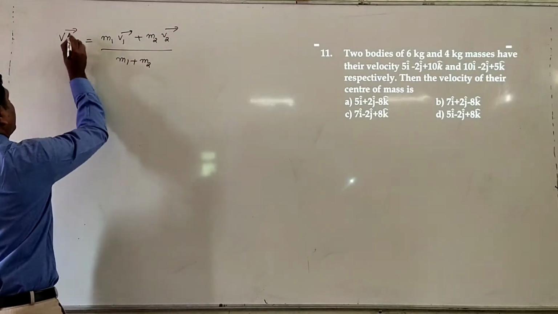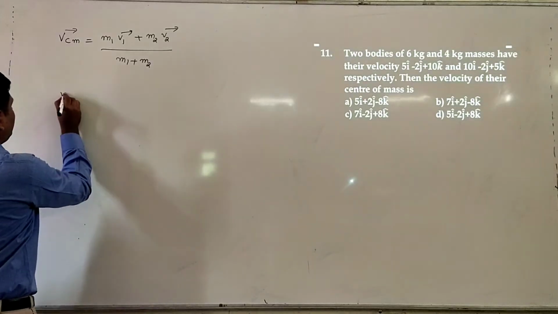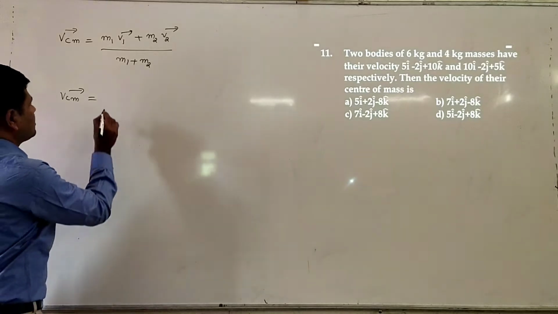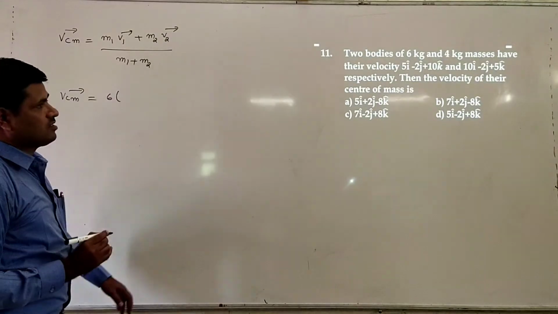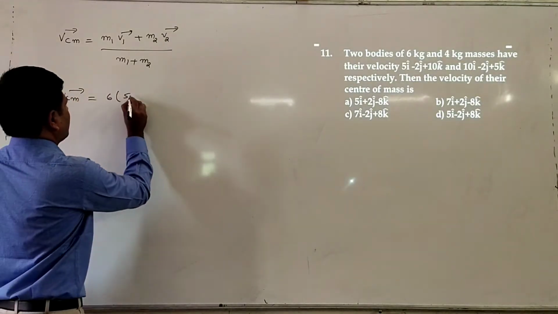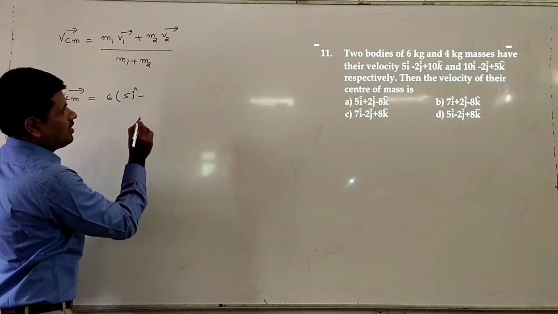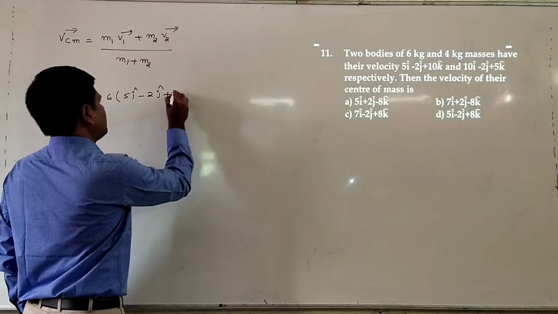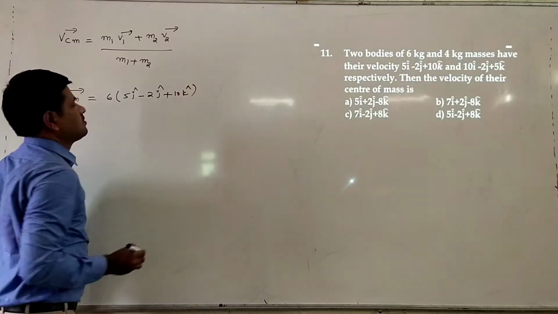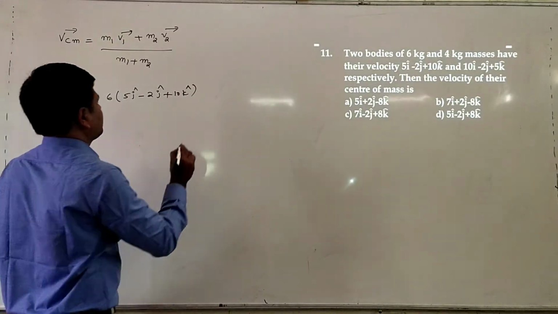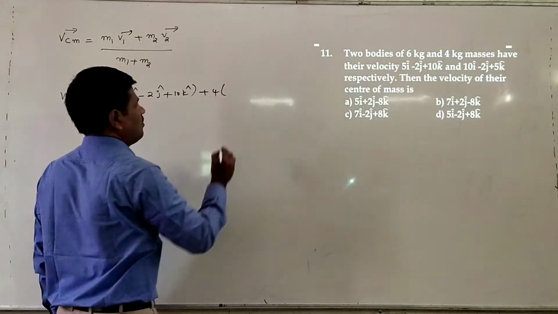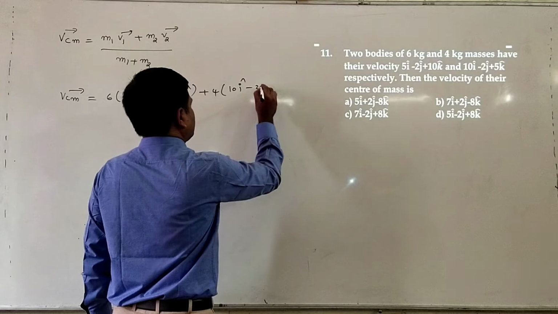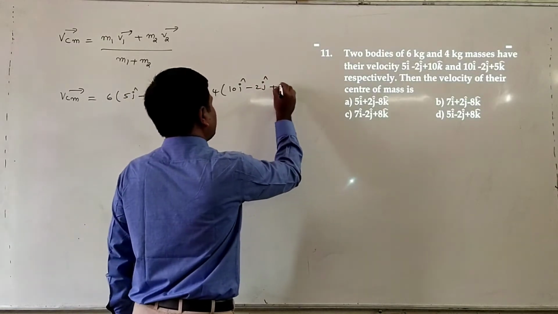Here VCM bar is equal to mass. Mass is equal to 6 kg is given, first body. First body velocity is given: 5 i cap minus 2 j cap plus 10 k cap. Second body velocity is 4 into 10 i cap minus 2 j cap plus 5 k cap.